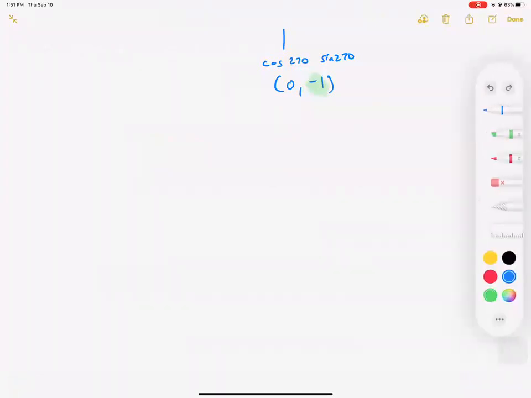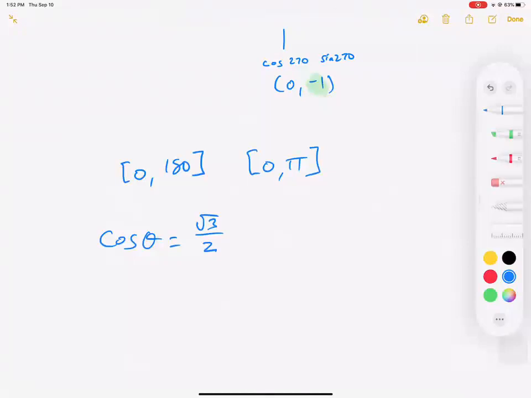The problem's going to ask between 0 and 180 degrees, or we can say between 0 and pi, how many thetas is cosine theta equal to square root of 3 over 2?